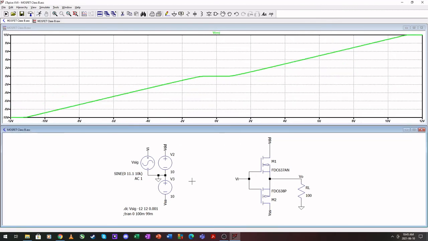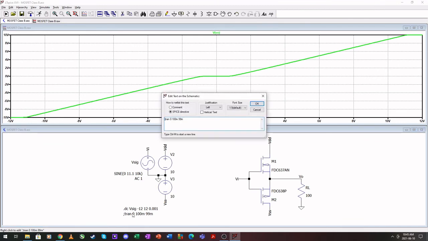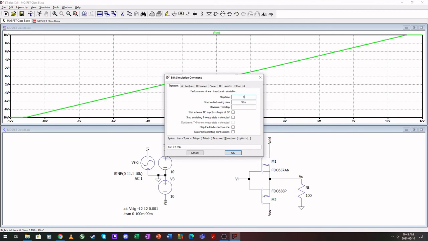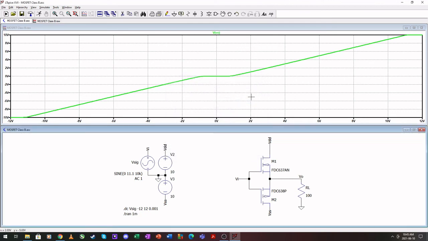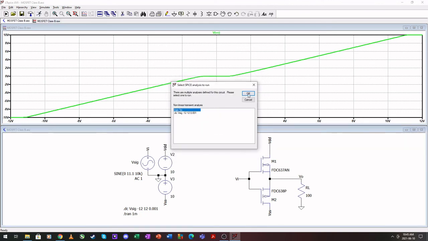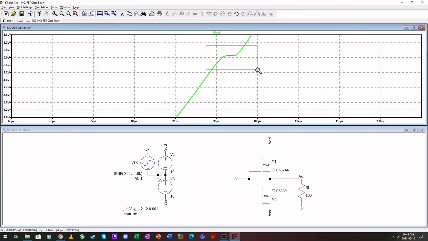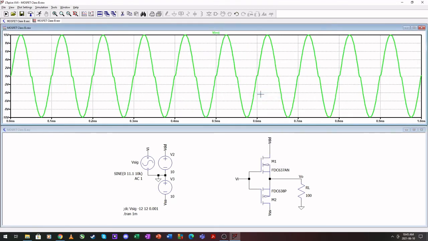I forgot. Okay. So in the transient, we get to our rails if we apply this 11.1 volts, but we have a much larger distortion to worry about in this amplifier.